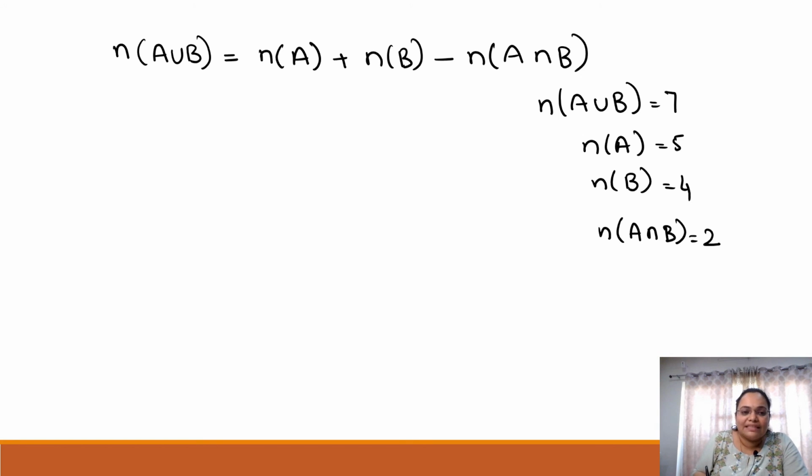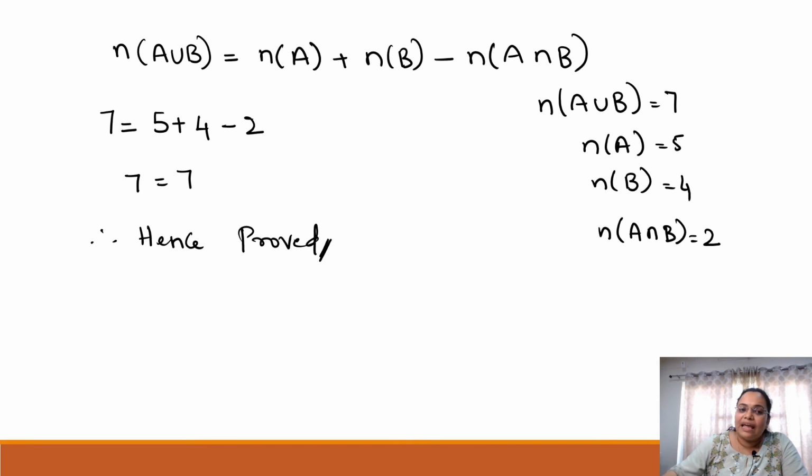Now let's see, n of A union B is 7, which is equal to 5 plus 4 minus 2. That is 7 is equal to 7. Hence proved. So we have proved that n of A union B is equal to n of A plus n of B minus n of A intersection B. Clear?